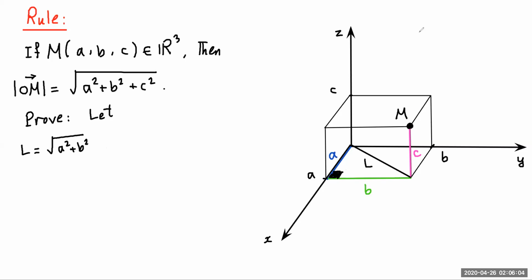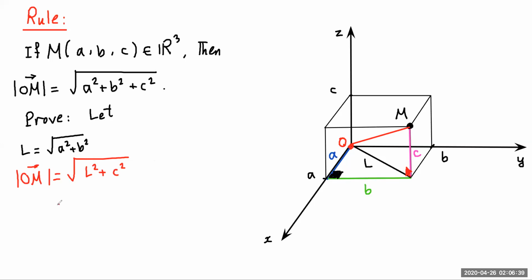Also, I have a right triangle from the origin O to M. So the length OM equals root L power 2 plus c power 2.